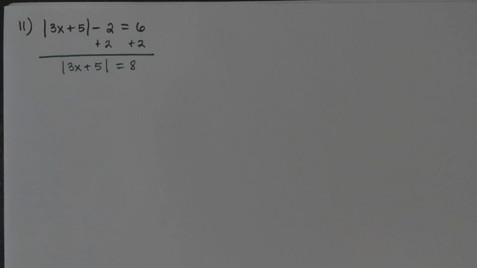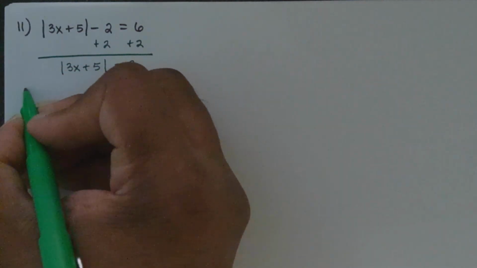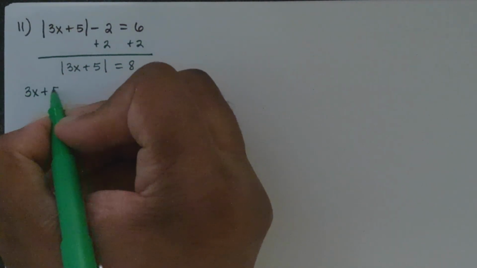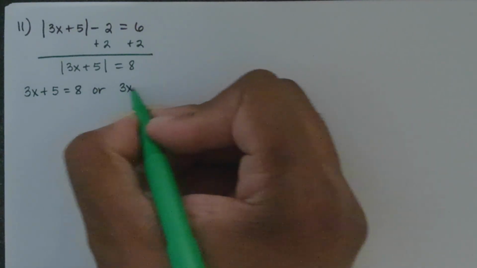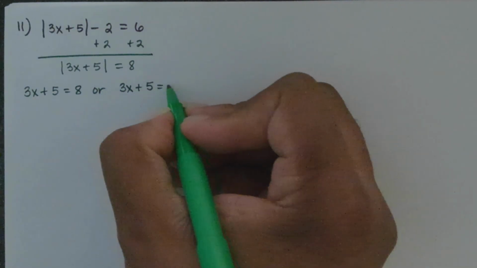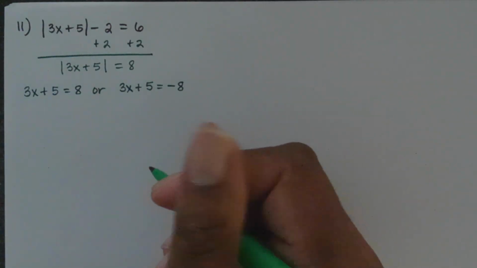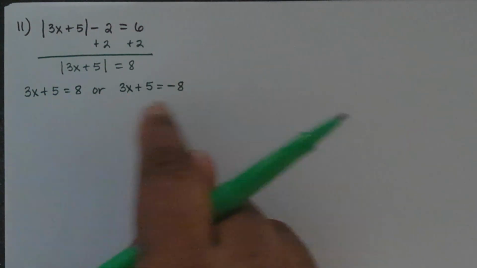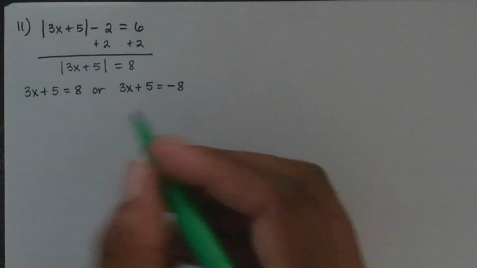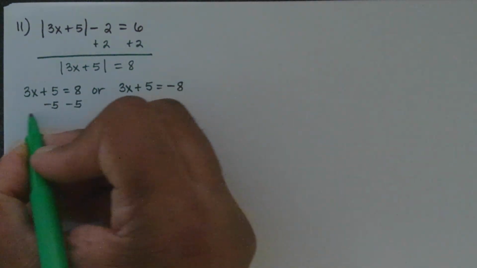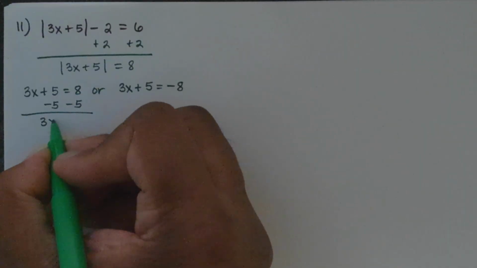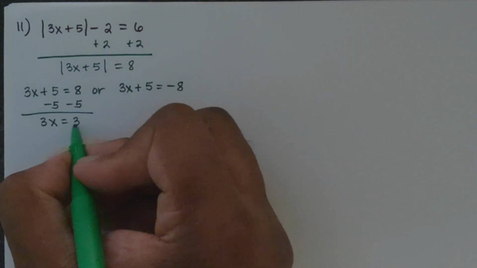Now, since the absolute value is by itself, I can go ahead and write my two equations. The absolute value of 3x plus 5 equals 8 means this: 3x plus 5 is equal to positive 8, or 3x plus 5 is equal to negative 8. And then for each equation, we will solve for x. For 3x plus 5 is equal to 8, that means 3x is equal to 3.